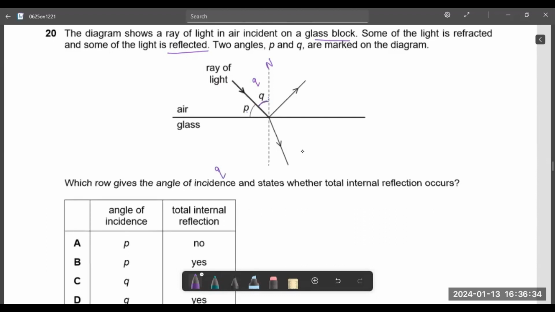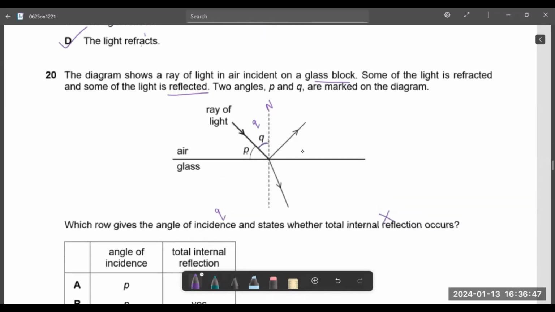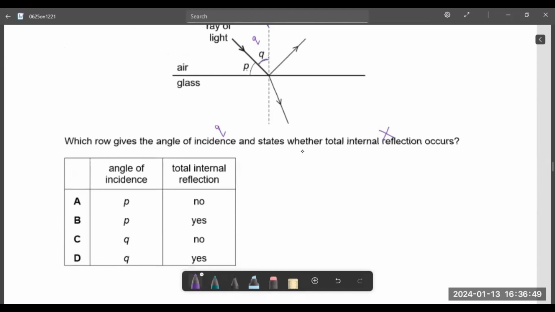And here some rays are getting reflected and some are refracted. Both reflection and refraction occurs, so it is not total internal reflection. So here the right choice is: angle of incidence is Q. Total internal reflection is not happening. C is the right choice.